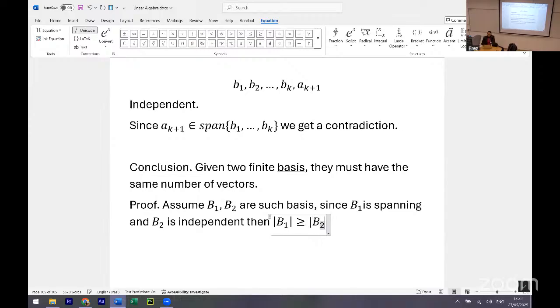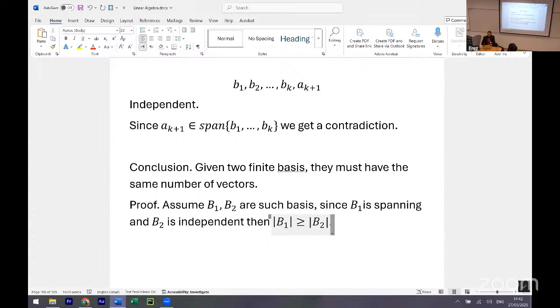That's what we proved. We said if we have an independent set, a smaller set cannot be spanning. So if B1 is spanning, it must be at least the size of the independent set or even larger.